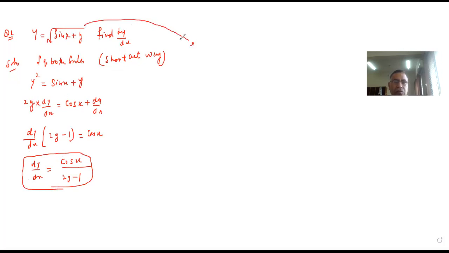Otherwise, I can also solve this question like this: dy by dx is equal to 1 by 2, then sin x plus y raised to power minus 1 by 2, times the derivative of sin x plus y. Then further one more step, then further one more step.